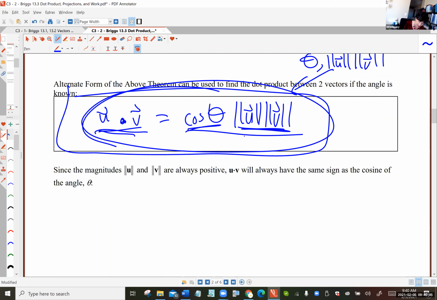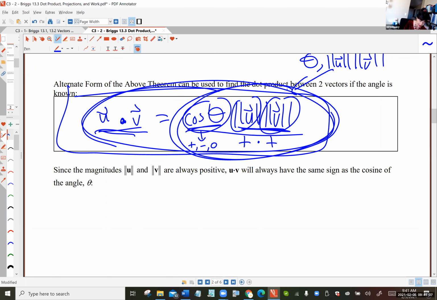Since magnitudes are always positive, the magnitude of u times the magnitude of v is always going to be some funky positive number. Well, cosine can be positive, negative, or zero. You know that from trigonometry, right? So when is cosine positive, negative, or zero? Whether this entire product is overall positive, negative, or zero relies on what cosine is doing.